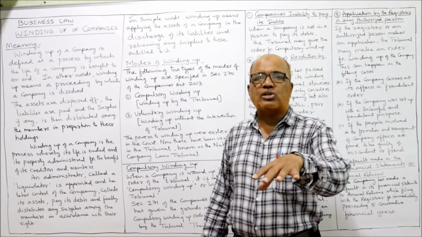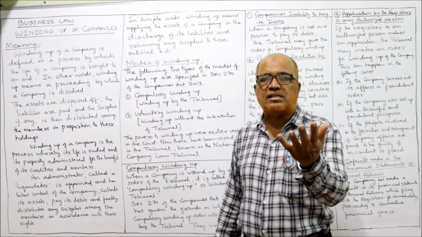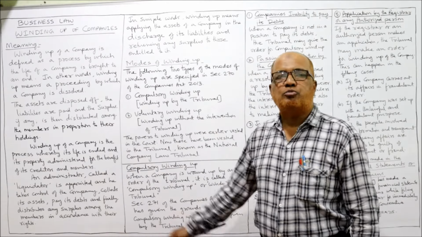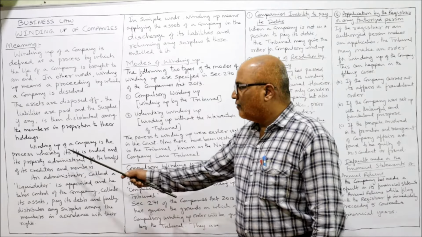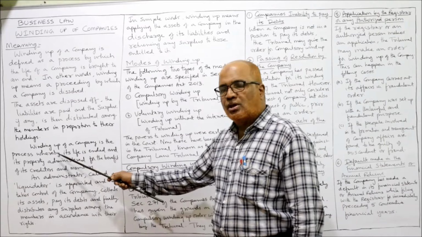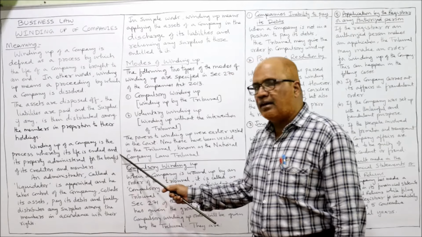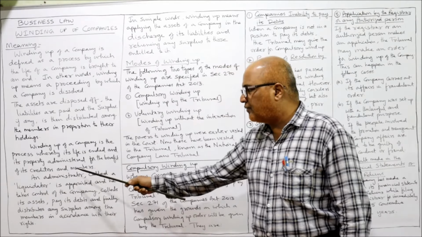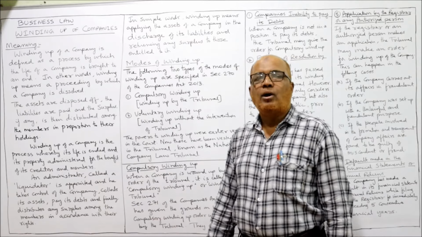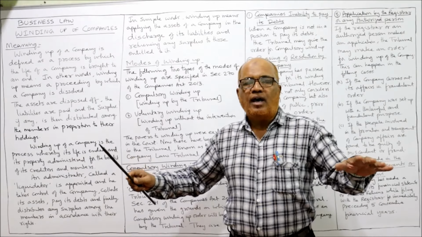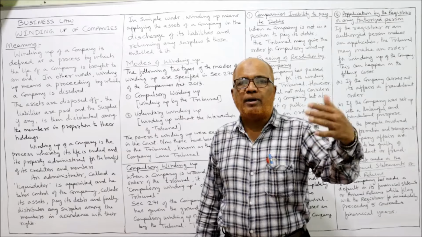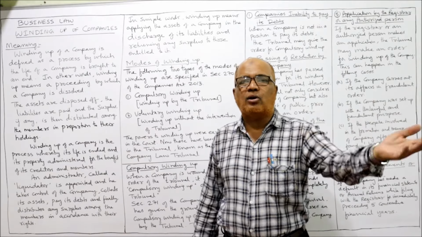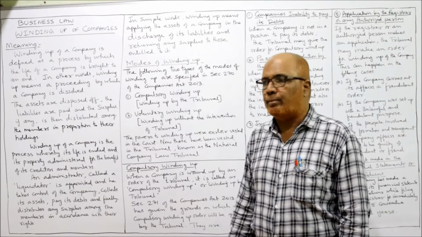After paying outside liabilities, if any surplus is left, that surplus will be distributed among the members. Winding up of a company is the process whereby its life is ended and its property is administered for the benefit of creditors and members. All the assets will be sold off, and the amount will be utilized for payment of liabilities and the settlement of the rights of members.